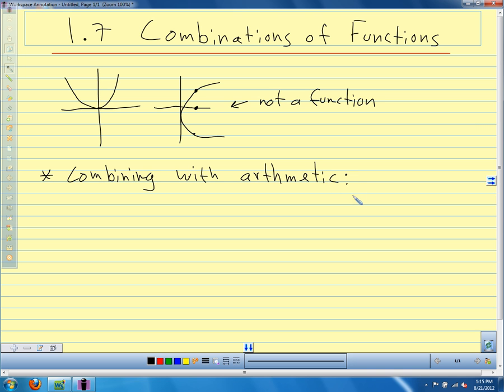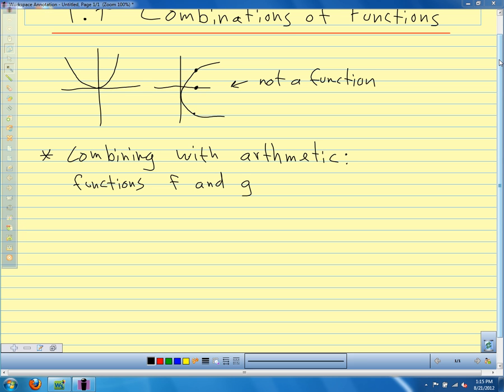Our notation, if we have two functions f and g, just so we're clear on the way this book likes to notate these things: f plus g, the way our book writes them, we're just adding the two functions, f of x plus g of x, just like we'd expect.